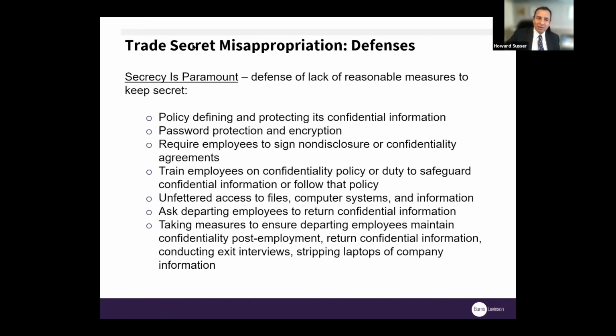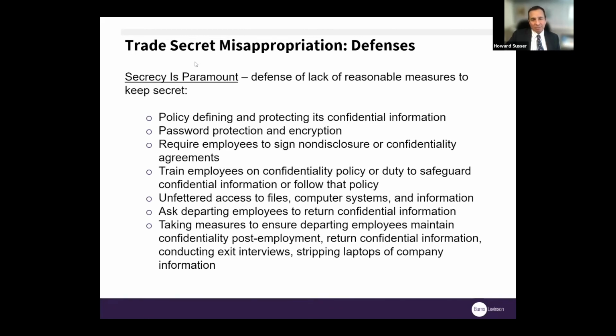Do you have a policy defining and protecting confidential information? Is there password protection and encryption on your computers that contain your information? Do you require employees to sign NDAs? Do you train employees in confidentiality policy and how to safeguard the policy from talking to third parties?